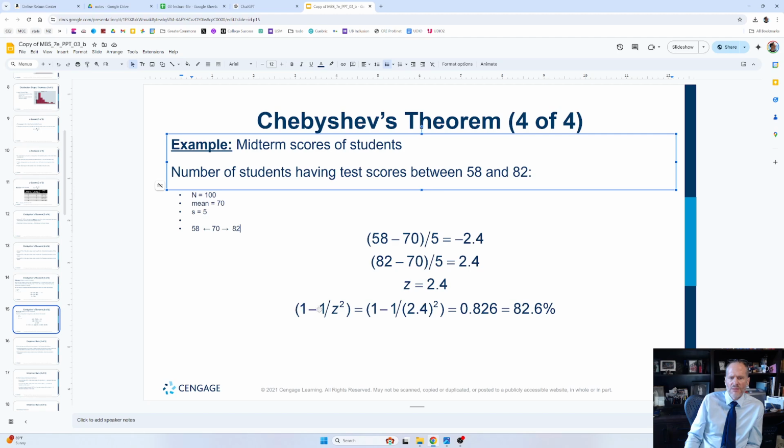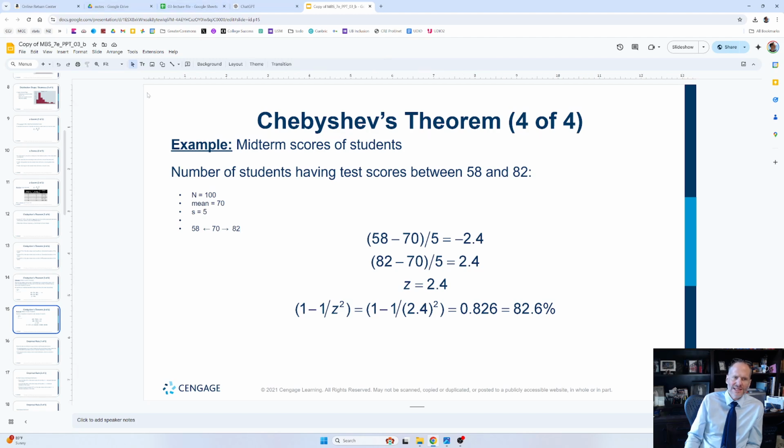So if we use the 1 minus 1 over z squared formula for Chebyshev's theorem, we get 1 minus 1 over 2.4 squared, or we get 82.6% of students had test scores between 58 and 82. So that's kind of interesting, right? We're talking about descriptive statistics. We talked about visual representations of data in module 2, using those as descriptive statistics.